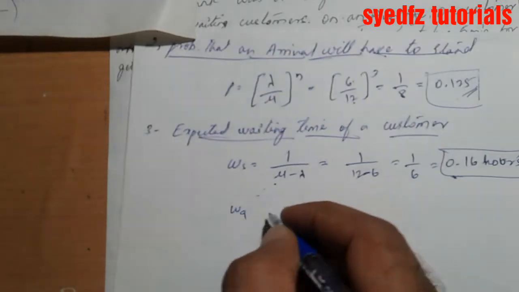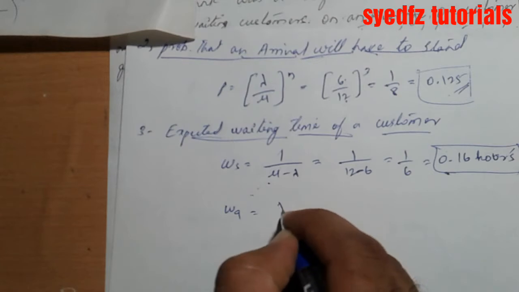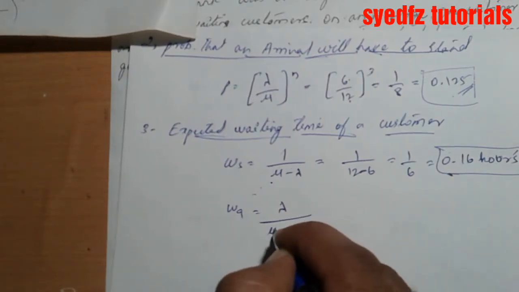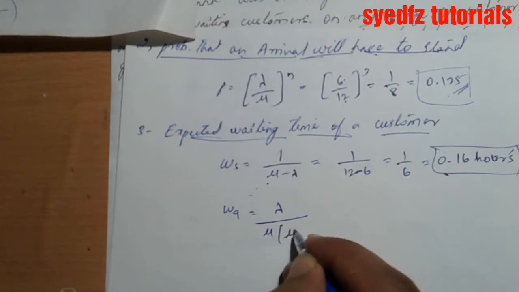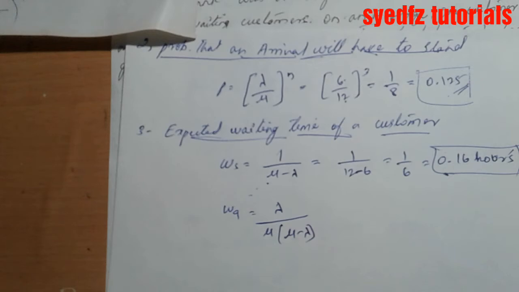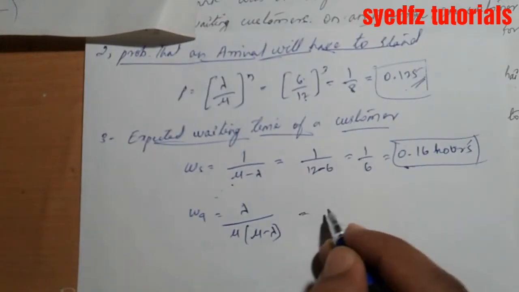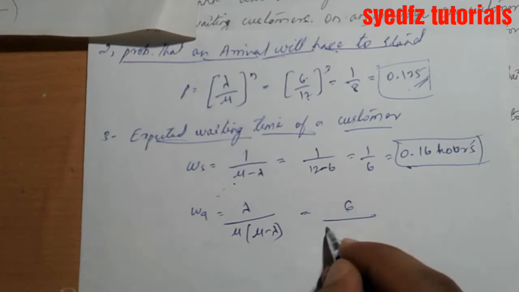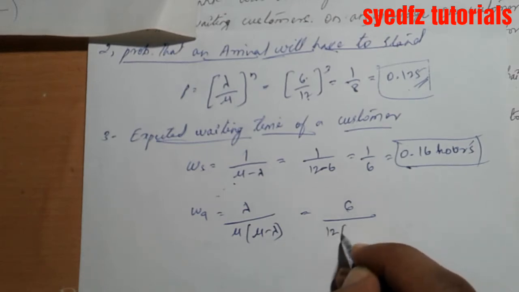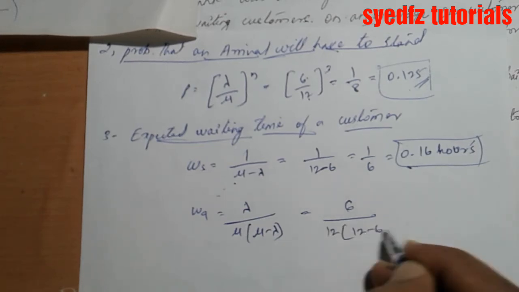WQ is equal to mean divided by mu into mu minus mean. What is the formula? 6 divided by mu, which is 12, into 12 minus 6.